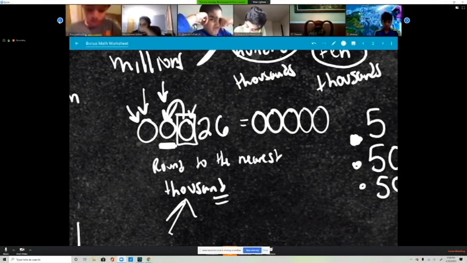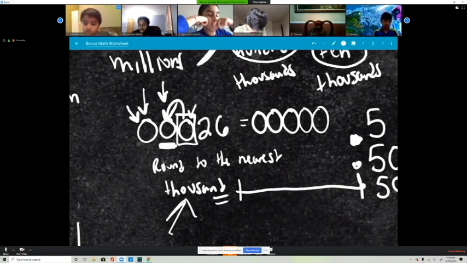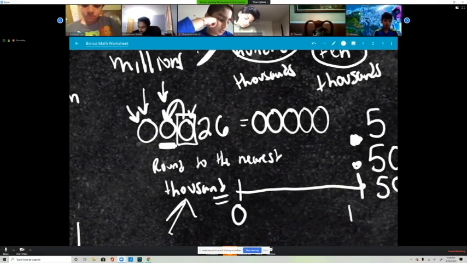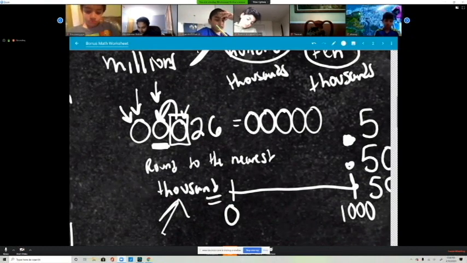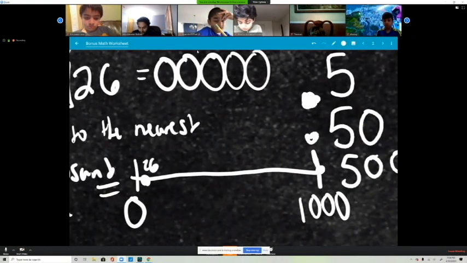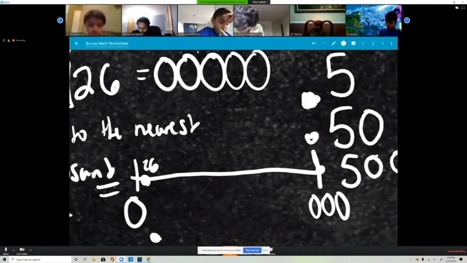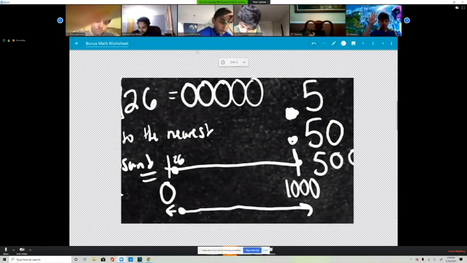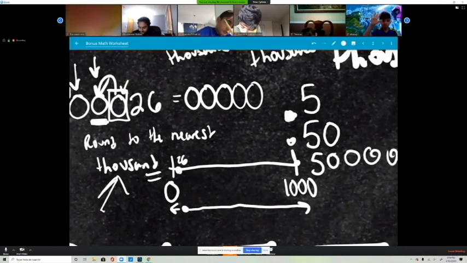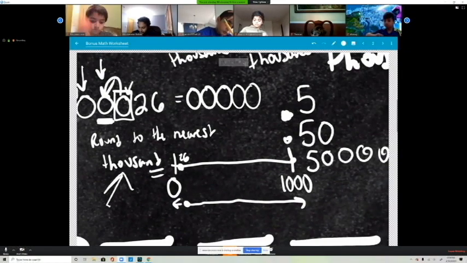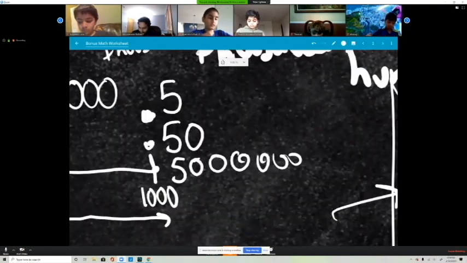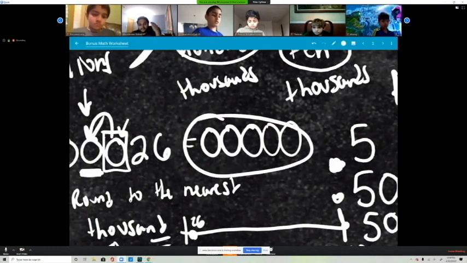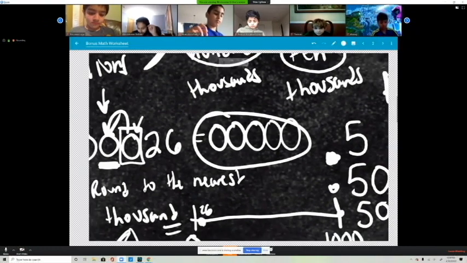If I'm looking at a number line, from 0 to 1,000, everyone can see that 26 would be all the way over here. What is it closest to, 1,000 or 0? 0. So that's why it rounds to 0, because that's the closest thing. I know that was confusing, but does that answer your question, Mikhail?